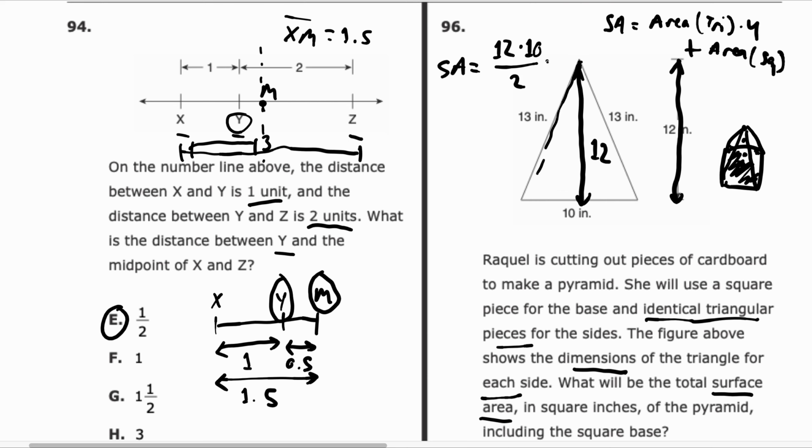And remember that there are 4 triangles, so we have to multiply by 4. And then finally, we're going to add the area of the square. So we know that if this is our triangular base, these sides are going to be 13, right? But then this flat part right here is also the length of the square base, so that's going to be 10, right?